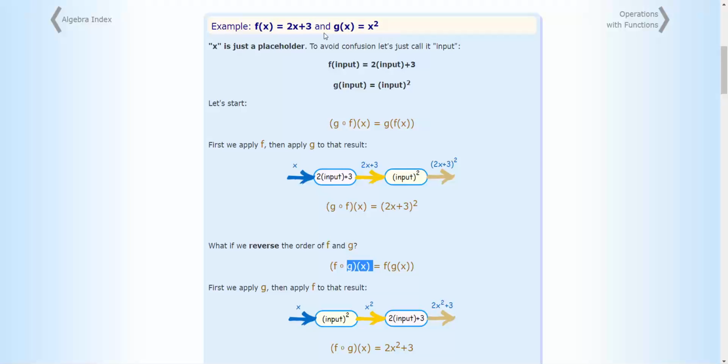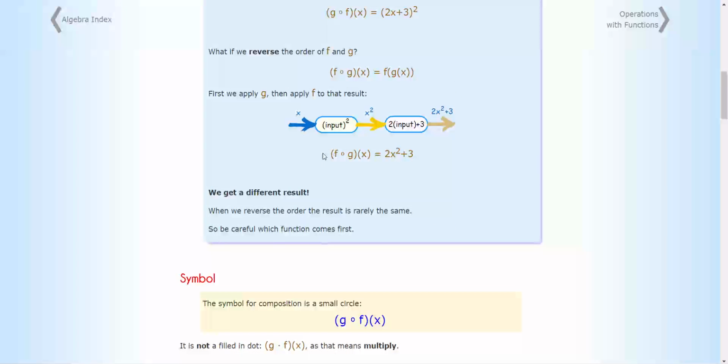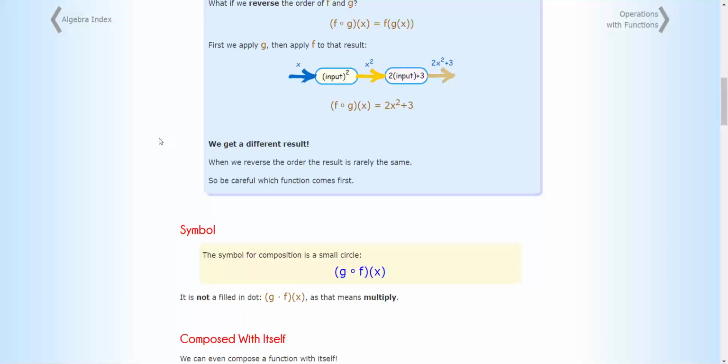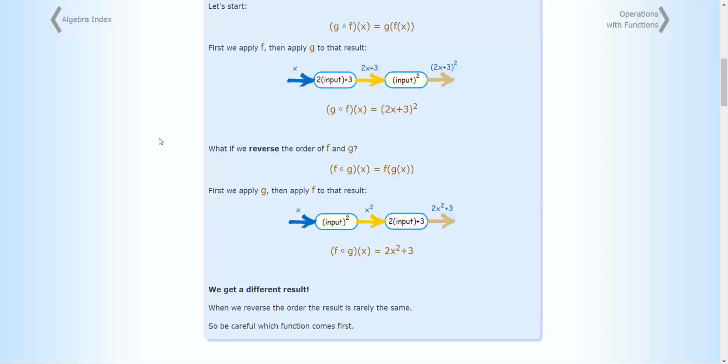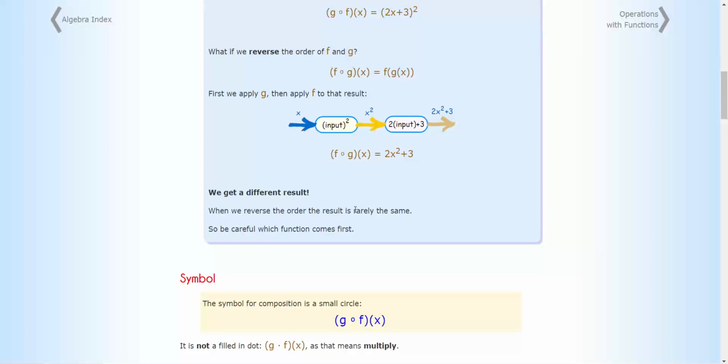So you apply x squared to 2x plus 3, so x will be replaced by x squared, and the value wouldn't be the same, right? You can see here that the result is rarely the same, although there are chances you might get the same result if the functions were the same. But let's not call it associative or commutative here, simply because the rule doesn't apply for all.